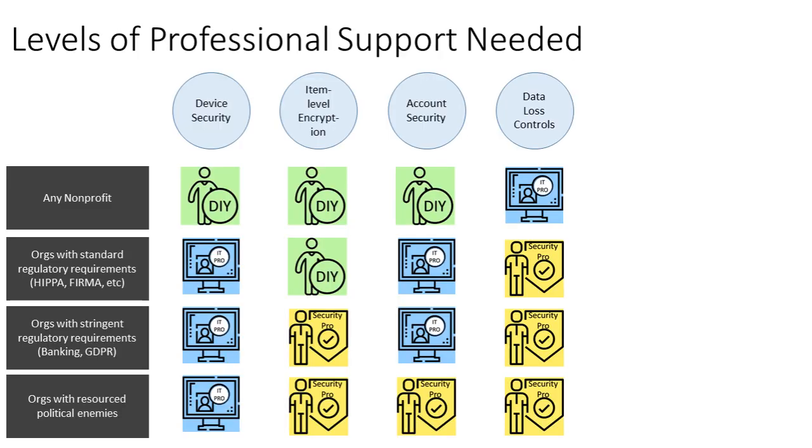For the other 4, we're looking at levels of support needed. And I've got basically 3 here. Those little green guys with the DIY, do it yourself, meaning do it yourself or have your IT person at the organization configure that for you.